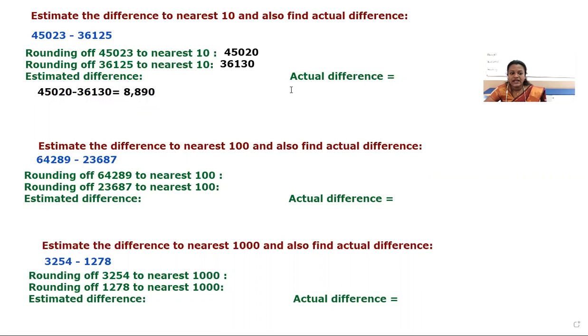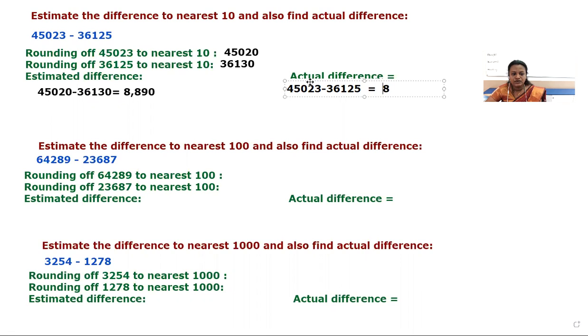In case of the actual difference, we would actually subtract, that is 45,023 minus 36,125. So subtracting this, we can arrange it in tabular form, or we can check this directly. As we can see, 3 minus 5, not possible. So we have to borrow, 13 minus 5 comes to 8.